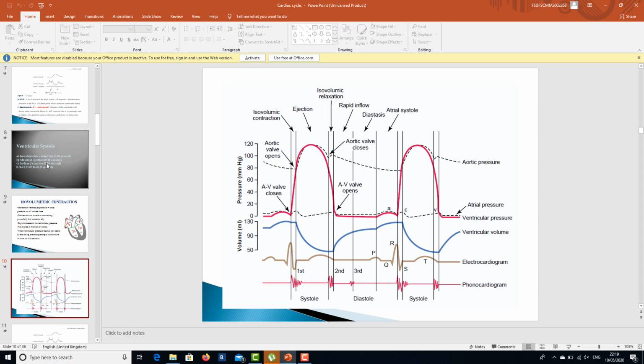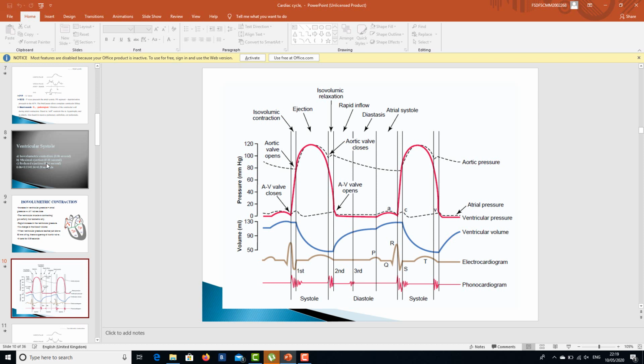So this is going to give rise to the dotted upper black line of aortic pressure changes, in reflection of how the isovolumic contraction, then ejection, and then isovolumic relaxation give rise to how the pressure changes are occurring.